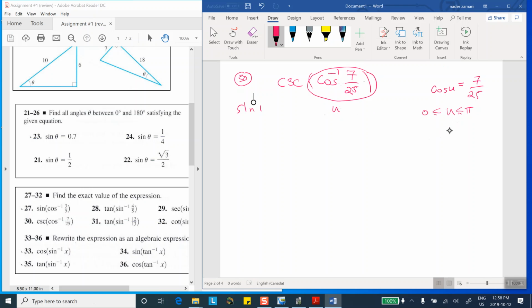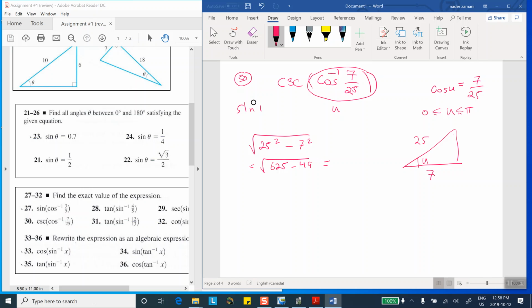So we're going to draw our triangle. If cosine of u is 7 over 25, this is the angle u, the adjacent is 7, the hypotenuse is 25, and by the Pythagorean theorem the other edge is the square root of 25 squared minus 7 squared, which is 625 minus 49. I hope we get a nice round number.